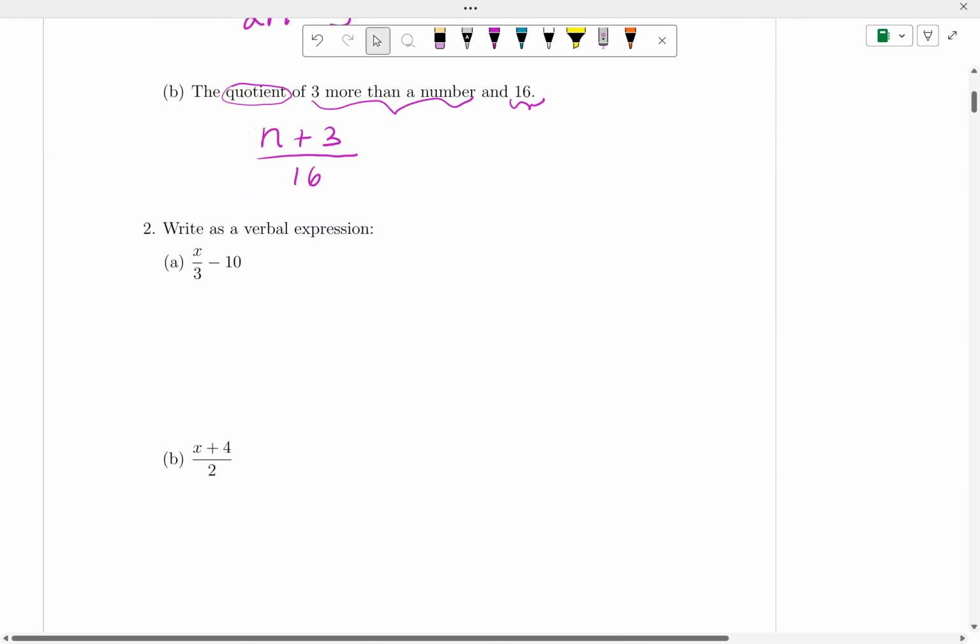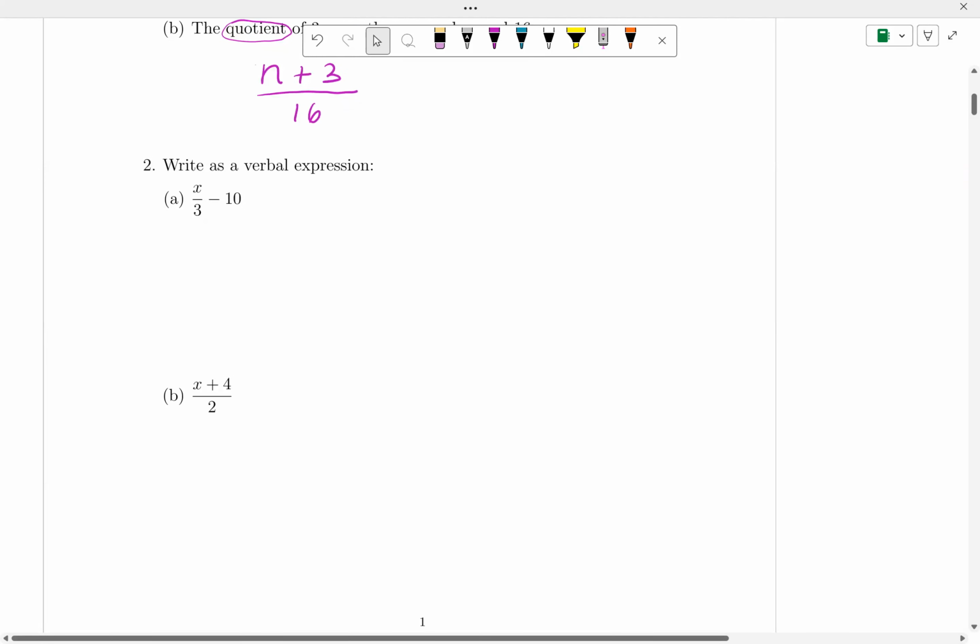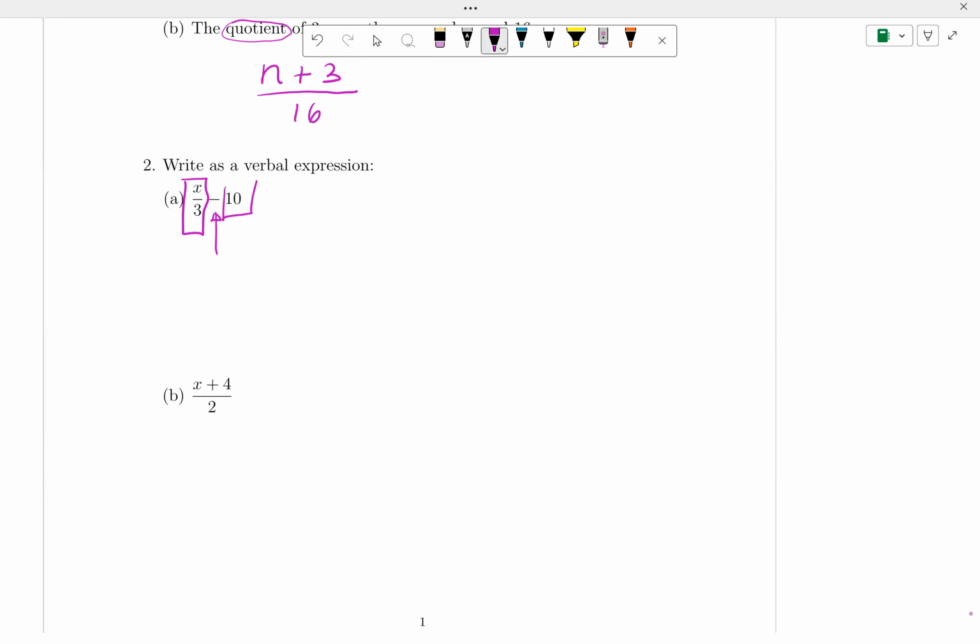Let's move along. The next question is taking expressions and writing them as verbal expressions. So we are doing the opposite of what we did prior. So here we have this part right here, and of course, we have a subtraction sign, and we have this second piece.